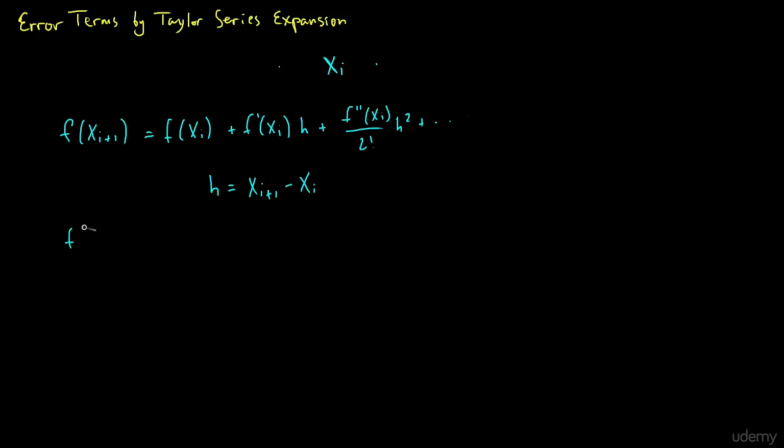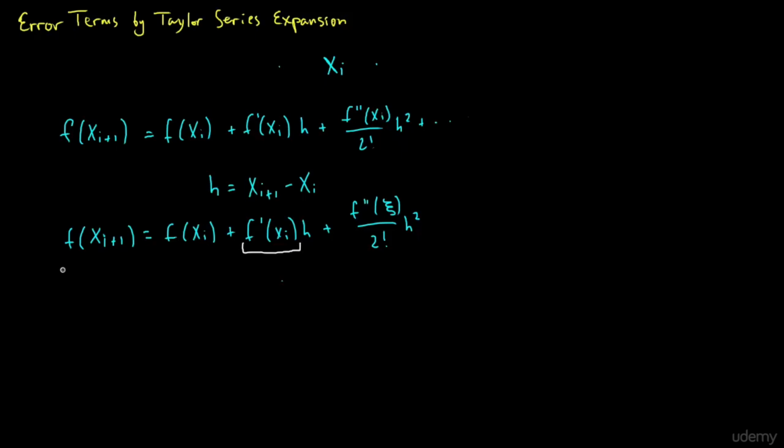We'll get f of xi plus 1 being equal to f of xi plus the first derivative at xi times h plus the second derivative at some value xi divided by 2 factorial h squared. What we're interested in, at the moment at least, is the first derivative. So we're essentially interested in this part.